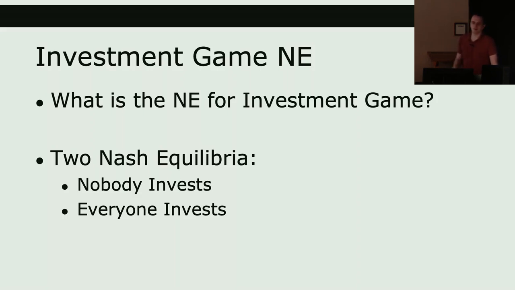So nobody investing is a Nash equilibria. Everyone investing, well, if everyone invested and any single person changes their vote, they're doing worse because they're not gaining anything where they were gaining 100, if you are assigning just numerical payoffs to the dollar amount. So there are two Nash equilibria here.